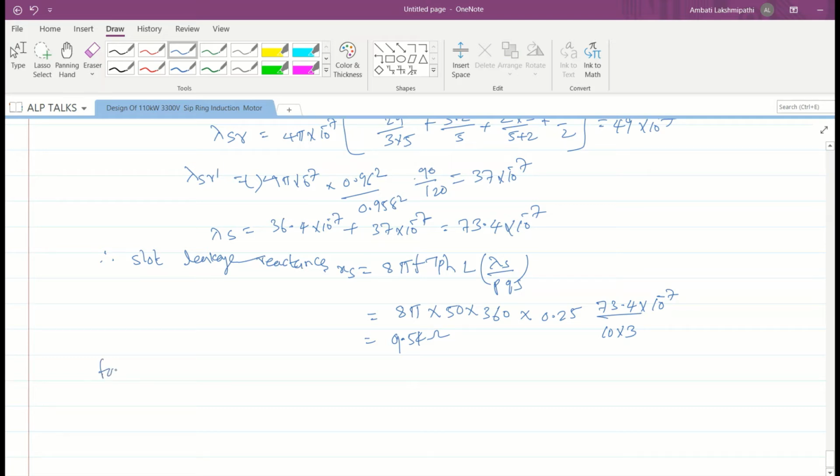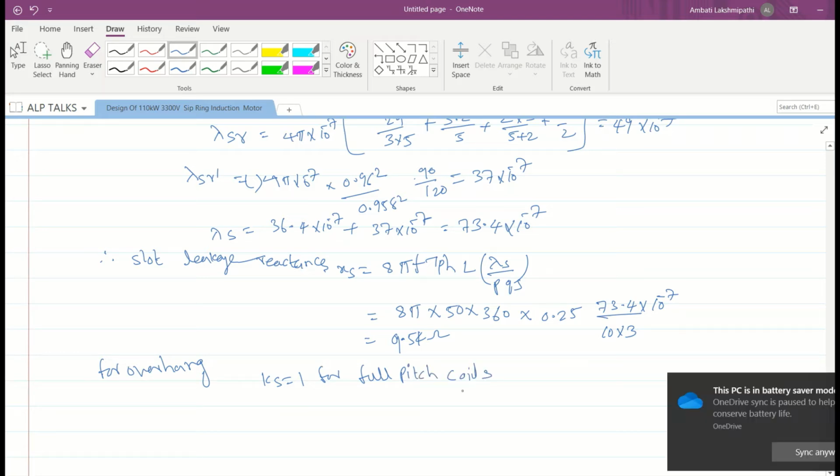Similarly, let's calculate for the overhang, whatever overhang you have at the terminations. Ks equal to 1 for full pitch coils, because we took full pitch only, so that's why we are considering a value of 1.